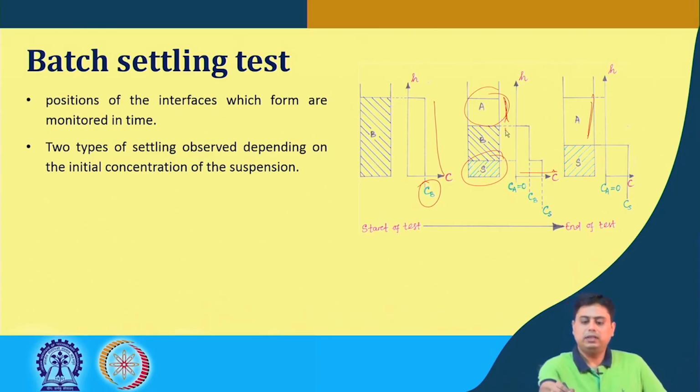Then for the intermediate height, or the transient state, the concentration of the suspension is similar to what we started with, again more or less uniform with respect to position, and then you have the sedimented concentration here, that is Cs.